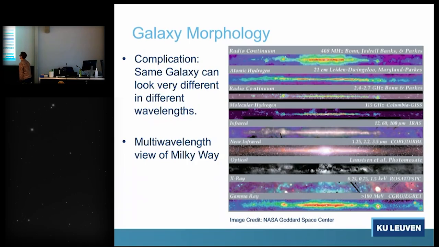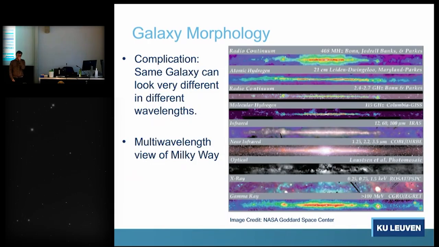Here is a very famous multi-wavelength view of the Milky Way, where, for example, if we look toward the Milky Way center, then we see that in the optical we don't see much of a bulge. Here we see a very clear bulge in the infrared. And that has to do with the extinction within the galaxy that we also talked about in radiative processes during the fall.